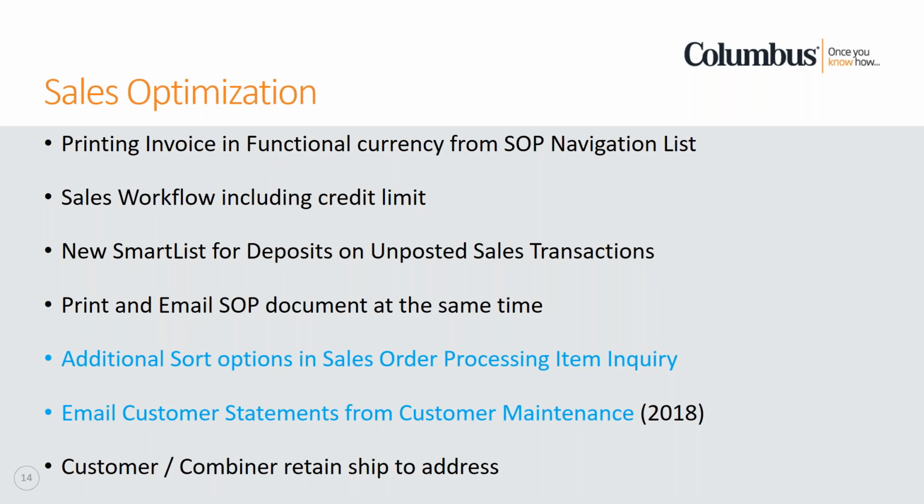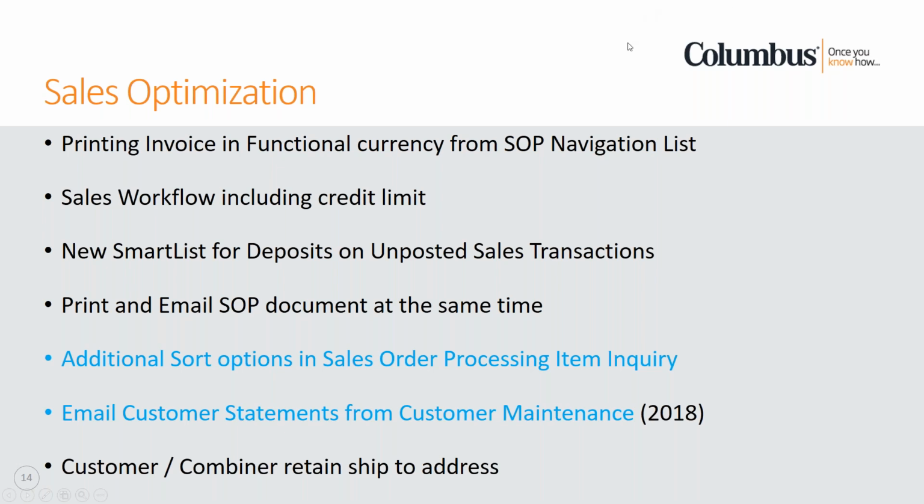But if the customer being combined has Dallas and Austin, and the surviving customer only has Houston, then the Dallas and Austin addresses will be kept and rolled into the surviving customer. So that's kind of nice. You don't have to go set those things back up.